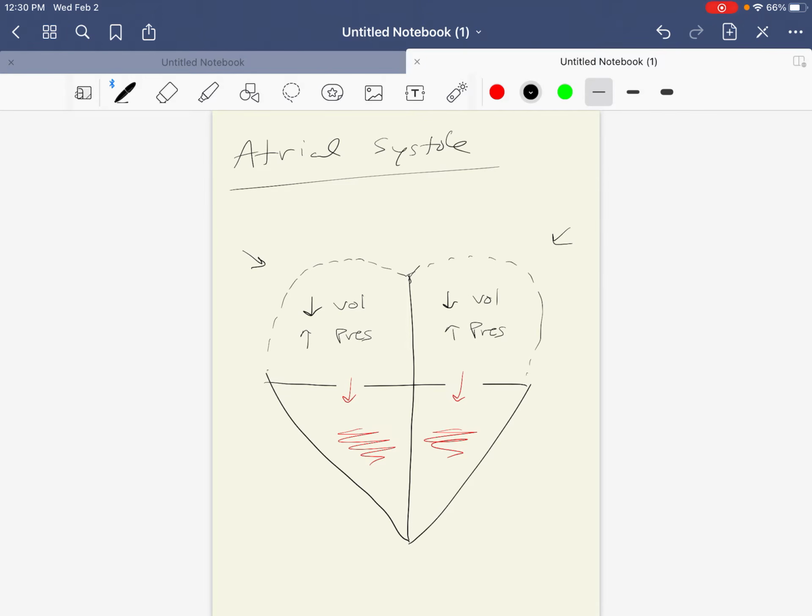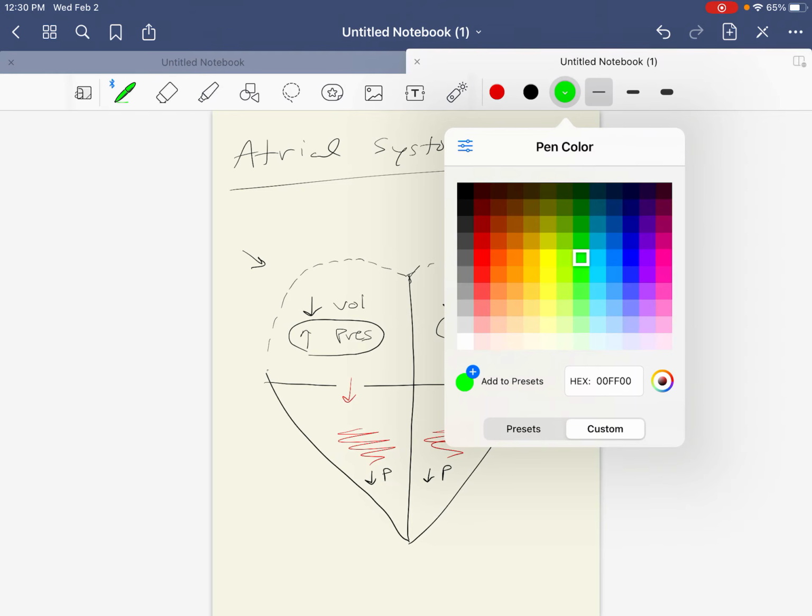So during atrial systole, the atrial walls contract, which will lower the volume, which increases the pressure. Once we develop a pressure gradient, where the pressure in the atria is greater than the pressure in the ventricles, now we have a pressure gradient.